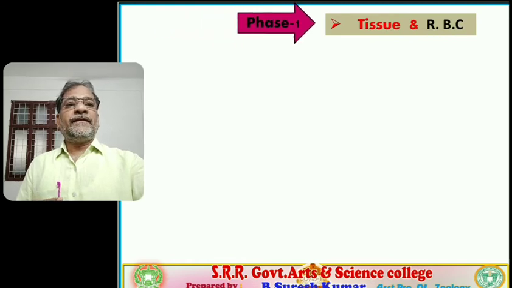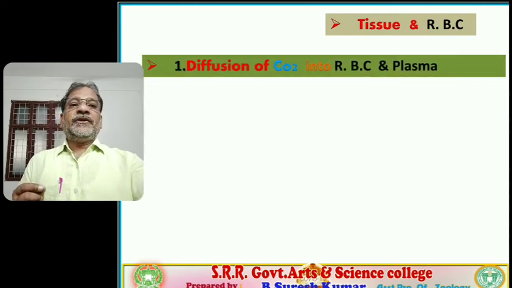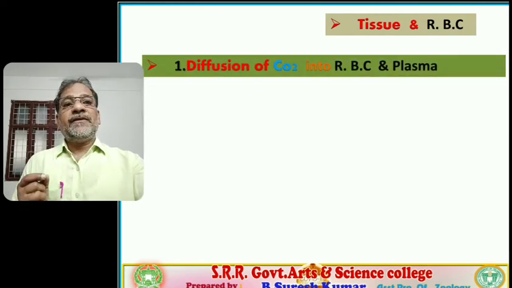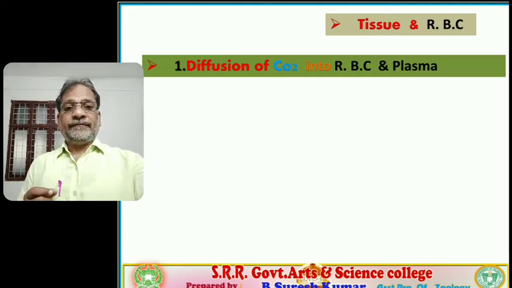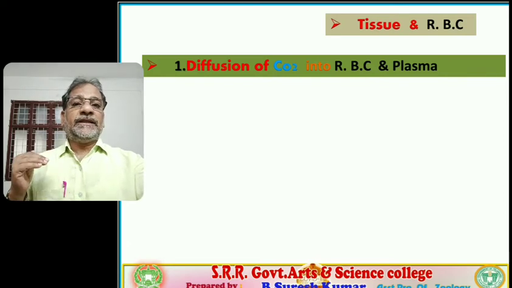It is based completely on the partial pressure gradient of carbon dioxide. The first change is the diffusion of carbon dioxide into RBC and plasma. RBCs are nothing but erythrocytes, and plasma is the liquid part of the blood.